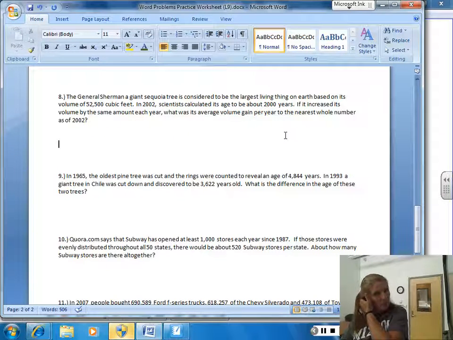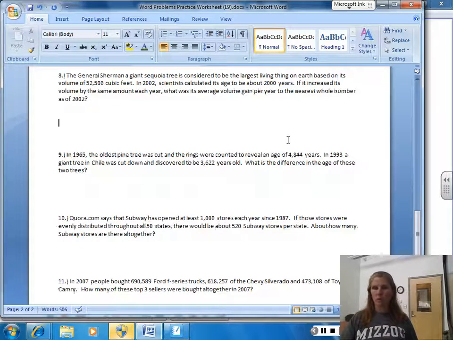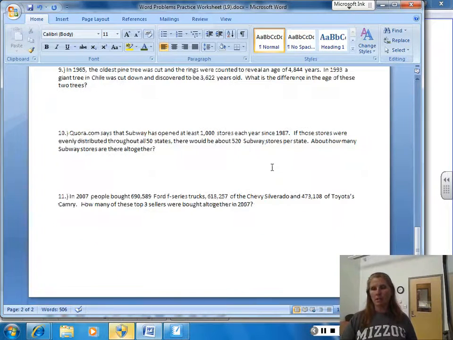Okay, in 1965, the oldest pine tree was cut, and the rings were counted to reveal an age of 4,844 years. In 1993, a giant tree in Chile was cut down and discovered to be 3,622 years old. What is the difference in age of these two trees? What's the key word here? It's difference. So we're looking for subtraction here to decide the answer to this.